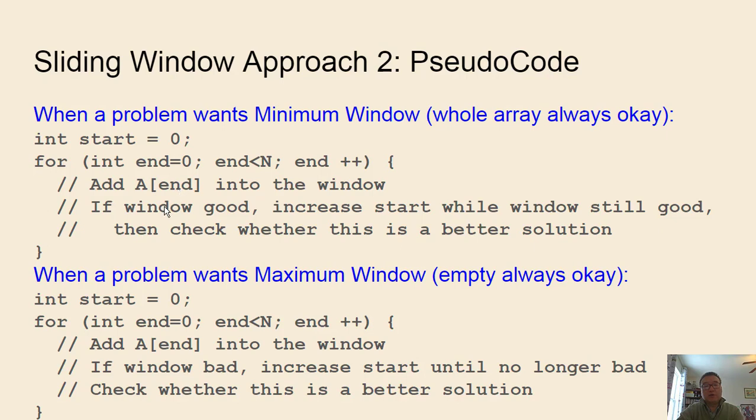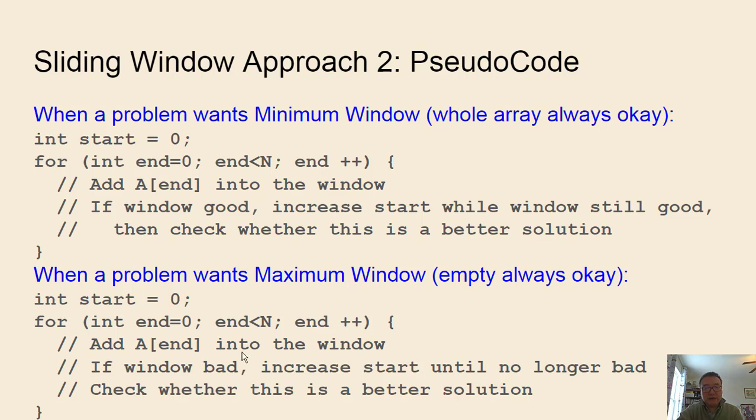Then when the window is good, we will try to shrink it by increasing start, so long as the window is still good. For every window, we can check whether this is a better solution. We will stop when increasing start would make the window bad. Then we will go out and increment the end.